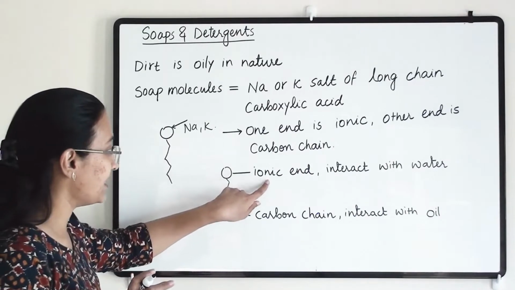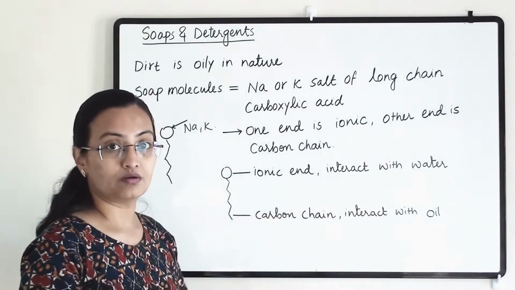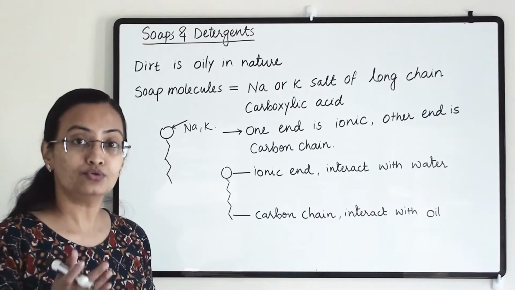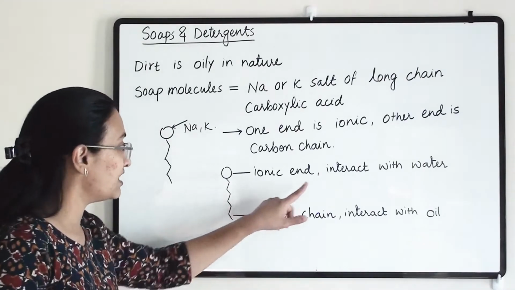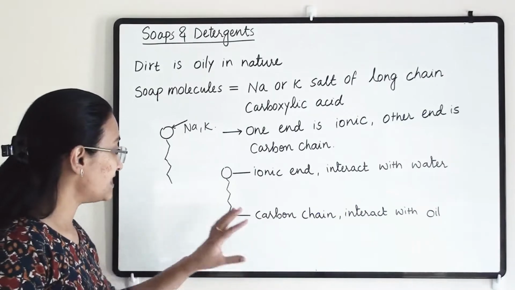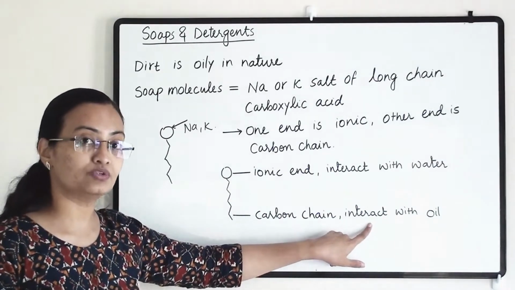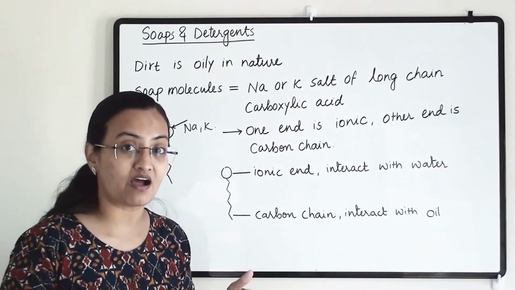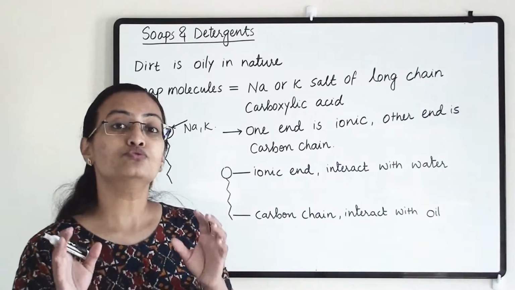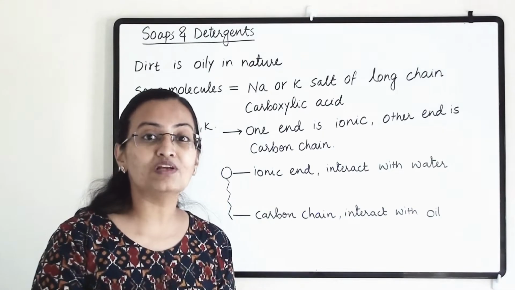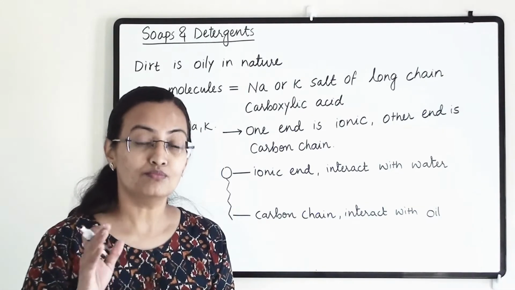Now the ionic end will interact with water because this end is made up of ions. Ions dissolve in water, so they will interact with the water. Whereas this carbon chain will interact with the oil, because we know that carbon compounds are hydrocarbons, and hydrocarbons are not miscible with water.